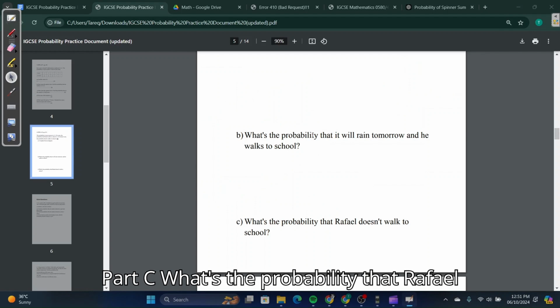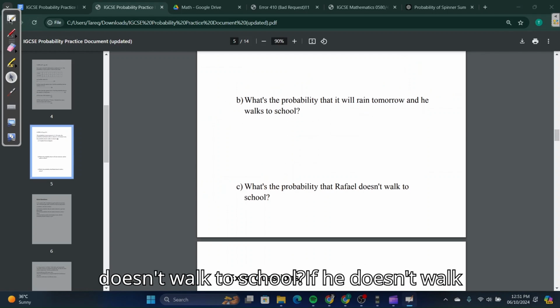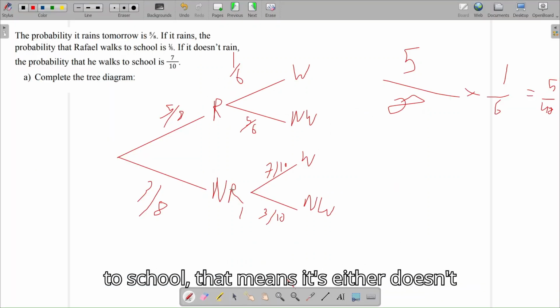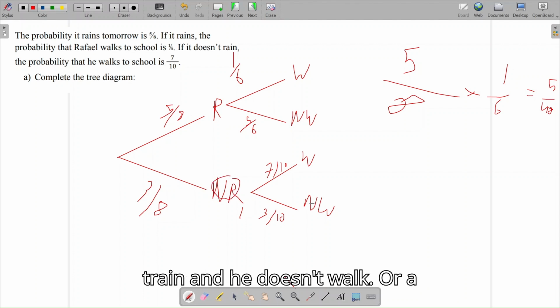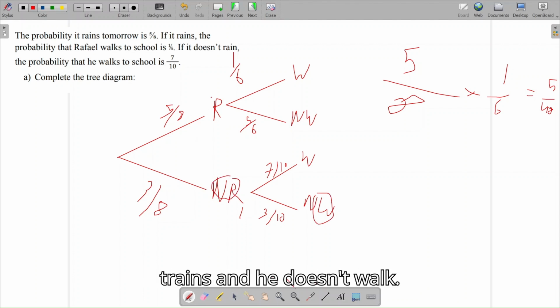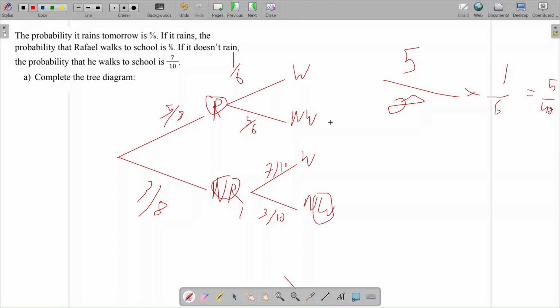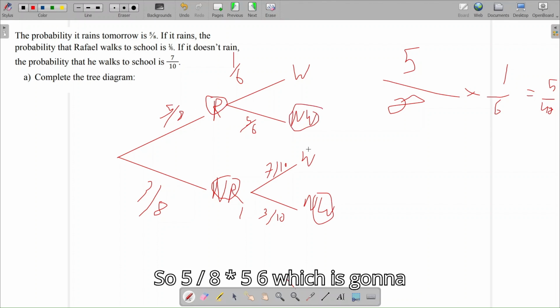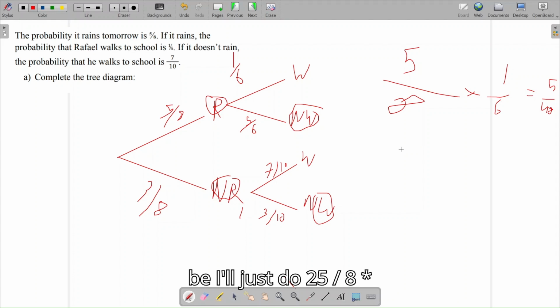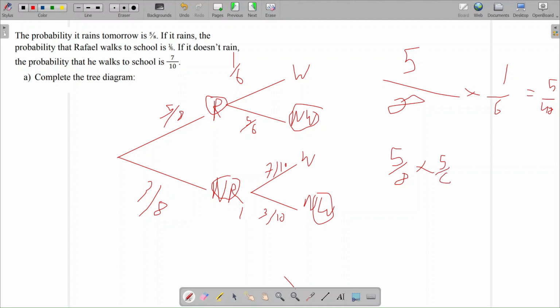Part C, what's the probability that Rafael doesn't walk to school? If he doesn't walk to school, that means it either rains and he doesn't walk, or it doesn't rain and he doesn't walk. So 5 over 8 times 5 over 6, plus 3 over 8 times 3 over 10.